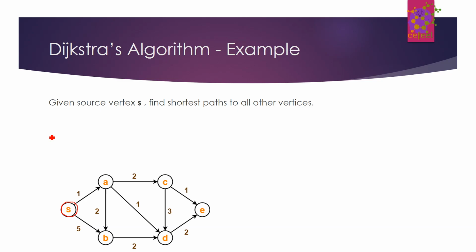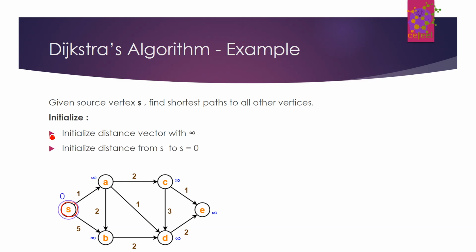First step, initialization. What is the initialization? We will initialize the distance to all vertices, which means the distance of A will be infinity, the distance of B will be infinity, and the distances of C, D, E will all be infinity, because I haven't explored them yet.